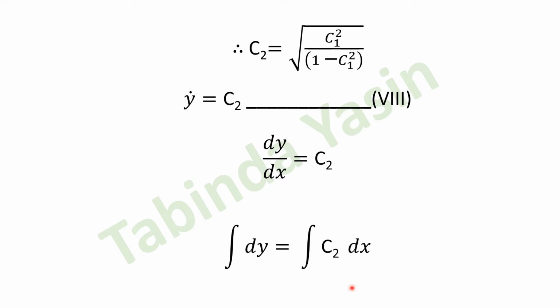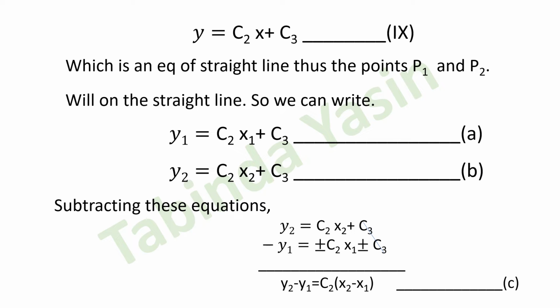After integrating, we will get y is equal to C2 x plus C3, where C3 is the integration constant, giving that equation number 9, which is an equation of a straight line. Thus the points P1 and P2 will be on the straight line.